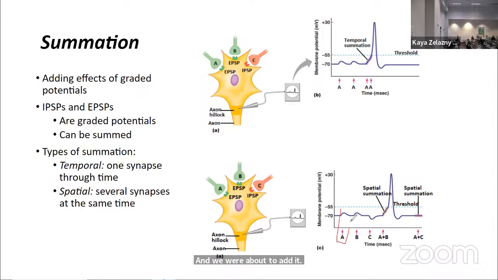Yeah, so this is talking about just A at one point in time. So think of even labeled our x-axis is time, right? So that's at one point in time, B at a separate point in time, so not at the same time, versus A and B together is when we have that spatial summation.